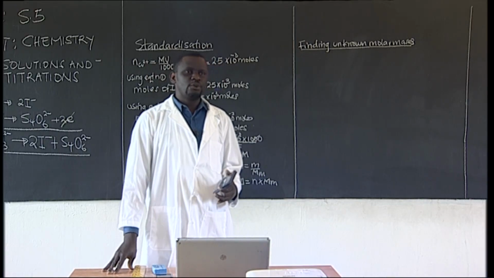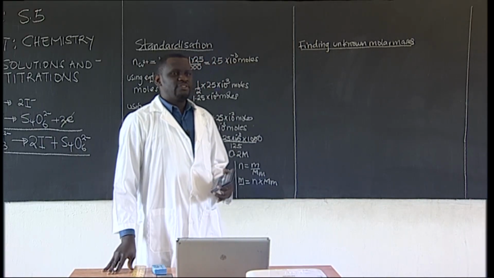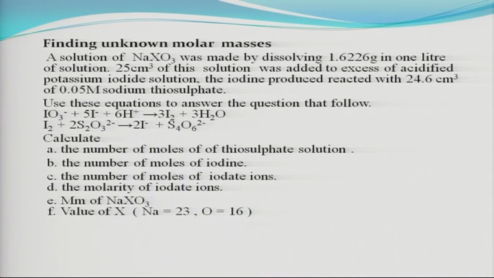If you look at our question very well, a solution of sodium X-onate was made by dissolving 1.6226 grams in 1 liter.